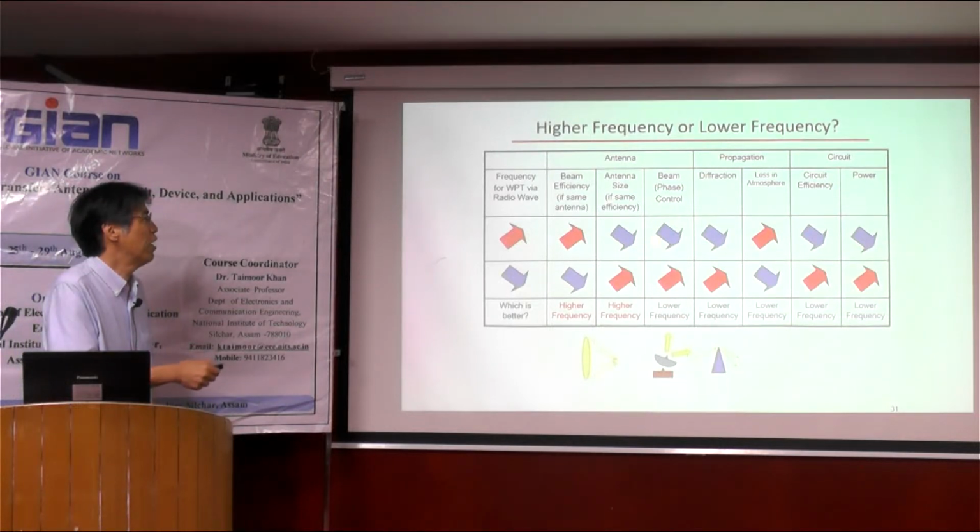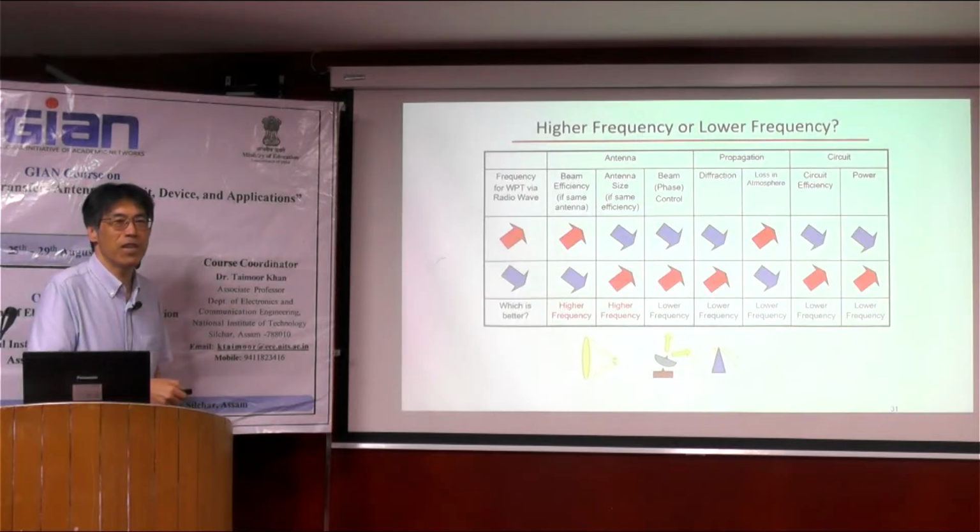But the phased array antenna beam controlling circuit becomes poorer if we increase the frequency, and diffraction or the loss in the atmosphere becomes worse. And additionally, this is the most important point: the circuit.